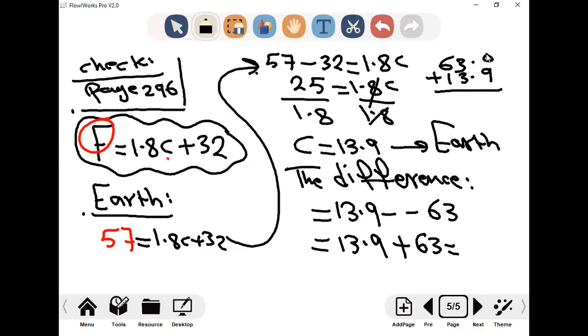So the answer, of course rounded, is 76.9. Why? Because I rounded, remember I got a lot of decimals. So it is 76.9 Celsius. I turned them both to Celsius.